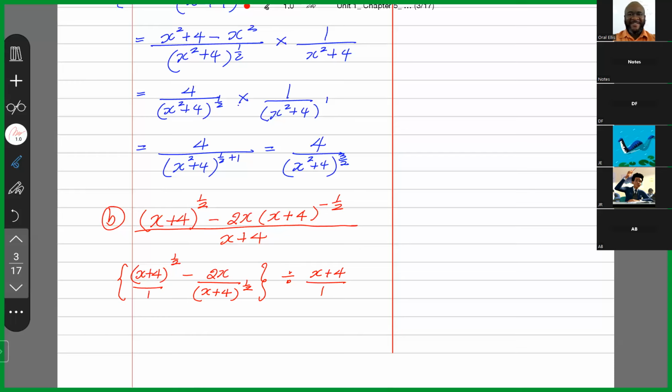If you are adding or subtracting fractions and the denominators are different, you must find the LCM. The LCM in this case is x plus 4 raised to the 1/2 power. Now 1 into x plus 4 to the half power is x plus 4 to the half power.